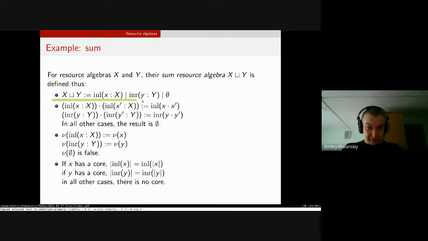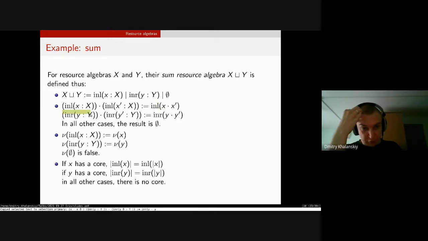Now, how does composition work? Composition works as follows. Two sums that wrap values on the left hand can be composed, and the result is a wrapped value on the left hand.